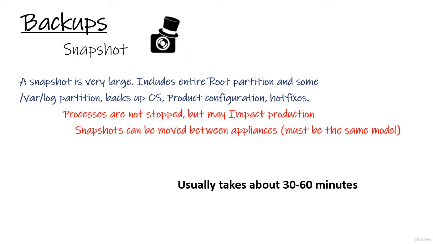That's why it's recommended to perform that during the maintenance window. To summarize, a snapshot has almost everything related to your configuration, including the OS, and it is recommended to do that once in a while, during your maintenance window.